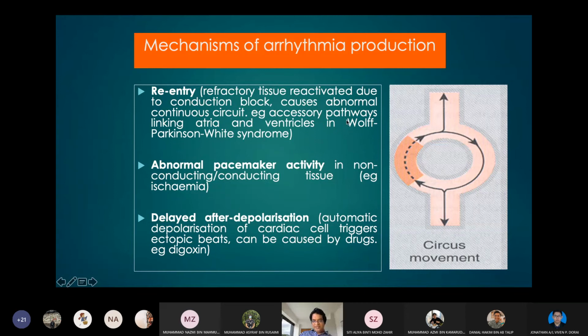So this is an accessory pathway linking atria and ventricle, as in Wolff-Parkinson-White syndrome, where the fast pathway half never terminates, so it keeps on recirculating. Sometimes this blockage is the main responsible reason for developing supraventricular tachyarrhythmia.